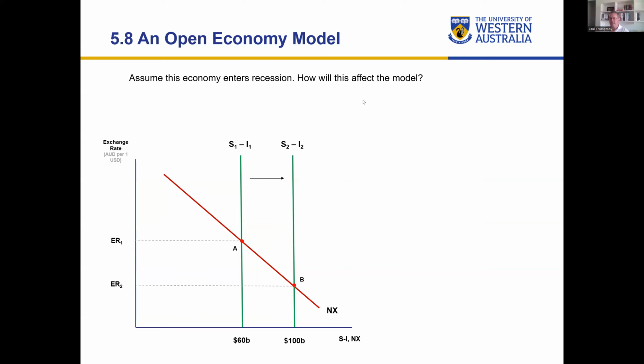So now we enter a recession. So let's start off with NX. Then the question is, if Australia enters a recession, and it's only a recession in Australia, all other countries are fine, will exports change? The answer is going to be no. Foreigners are still going to buy the same quantity of our exports because they're not in recession.